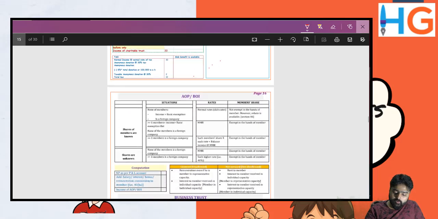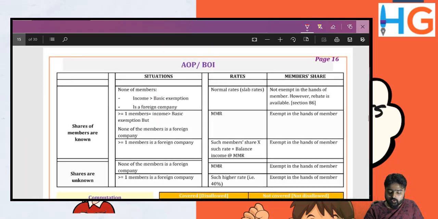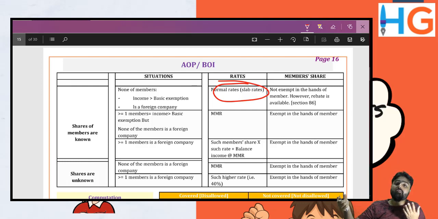So logically you're not wrong, but the Income Tax Act says normal rates will apply to an AOP if the income of the member, for example you as a member of the AOP, is less than 2.5 lakh and the AOP has income of less than 2.5 lakh.